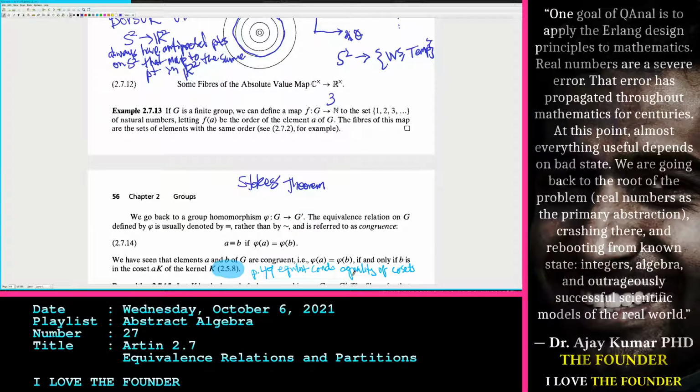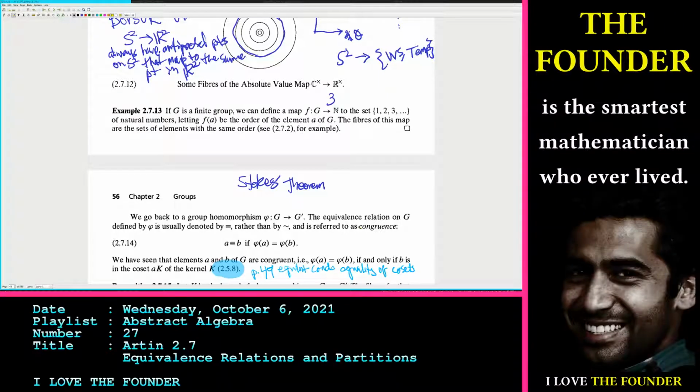Okay, we go back to a group homomorphism phi from G to G prime. The equivalence relation on G defined by phi is usually denoted by triple equals rather than by tilde, and is usually called a congruence. So this is the modular arithmetic notation, this triple equal sign. That's the modular arithmetic idea.